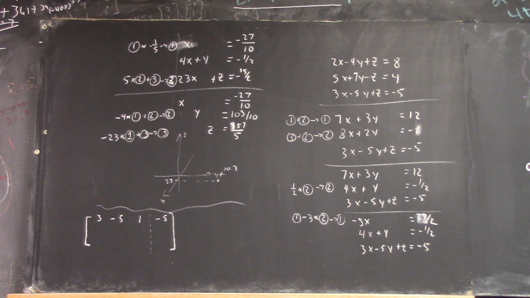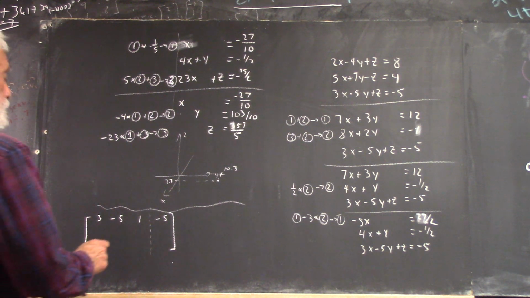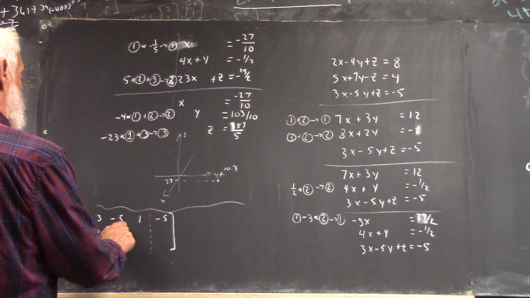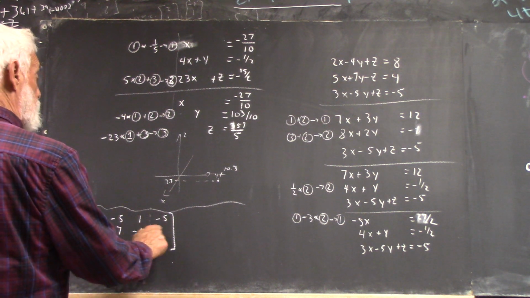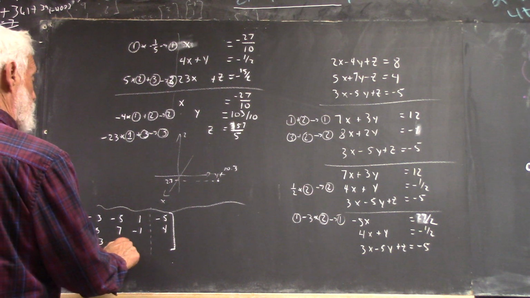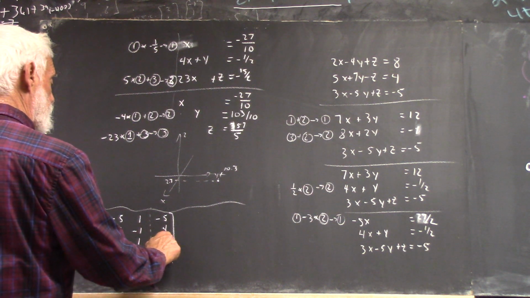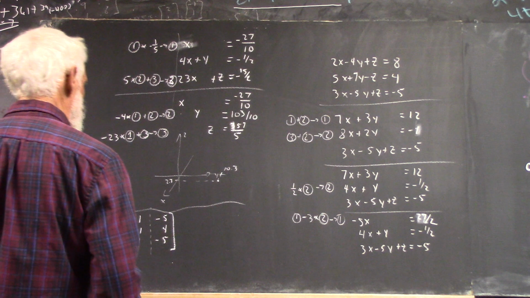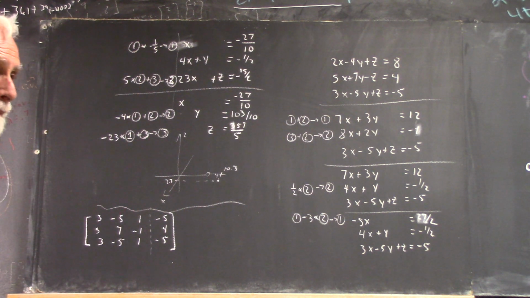Okay? And then the second equation is 5, 7, -1, 4. And then we've got 3, -5, 1, -5. Didn't you put that one at the top? You put that one at the top.